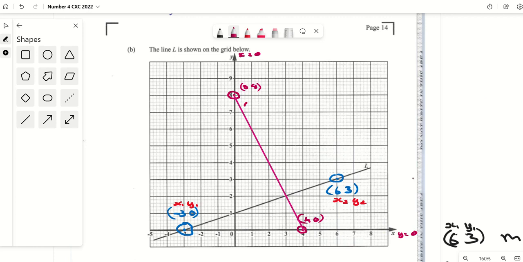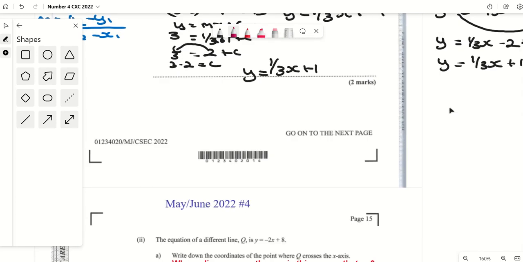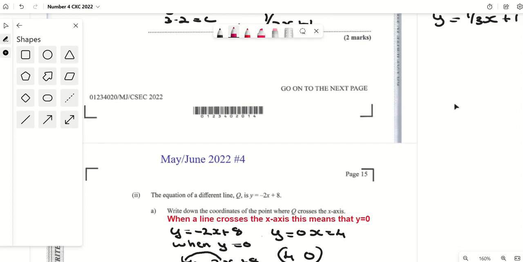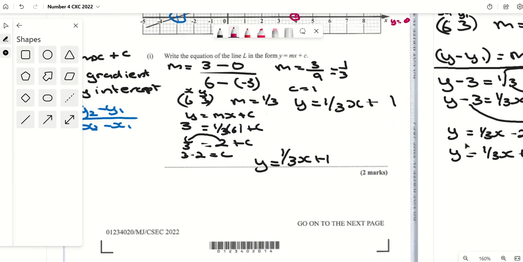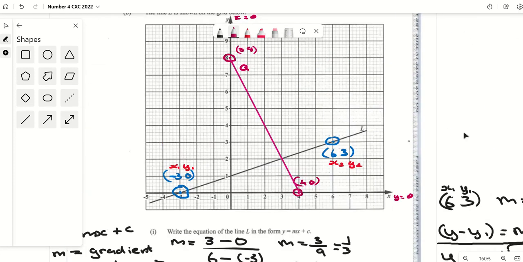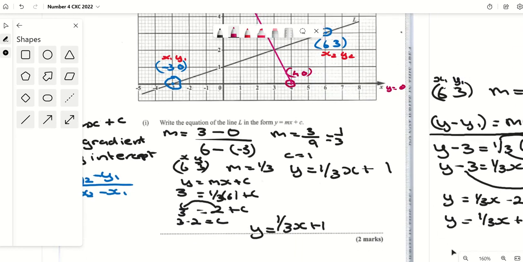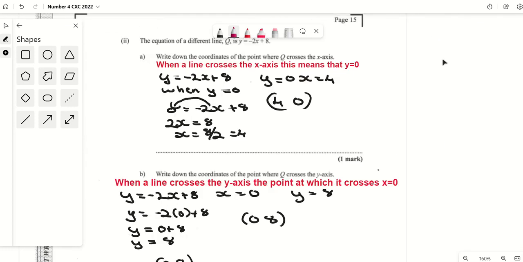This is Q, and Q is y is equal to minus 2x plus 8. And this just tells the examiner that, hey, this is my line Q, and the equation for that line is y is equal to minus 2x plus 8. All right, so that was that part there.